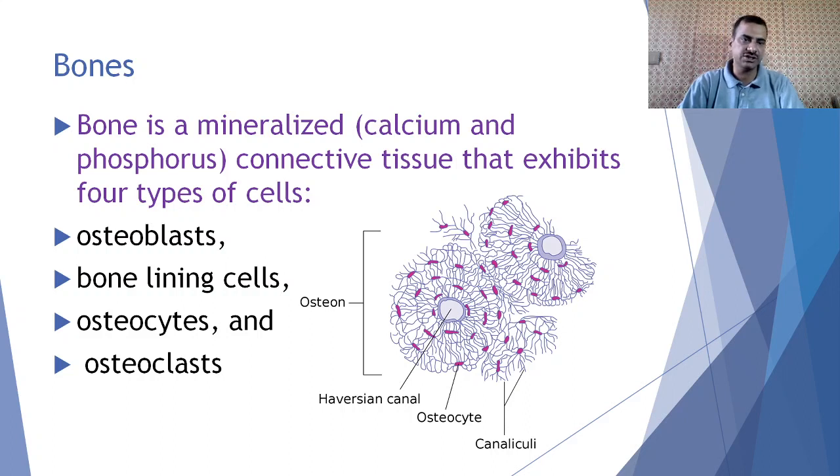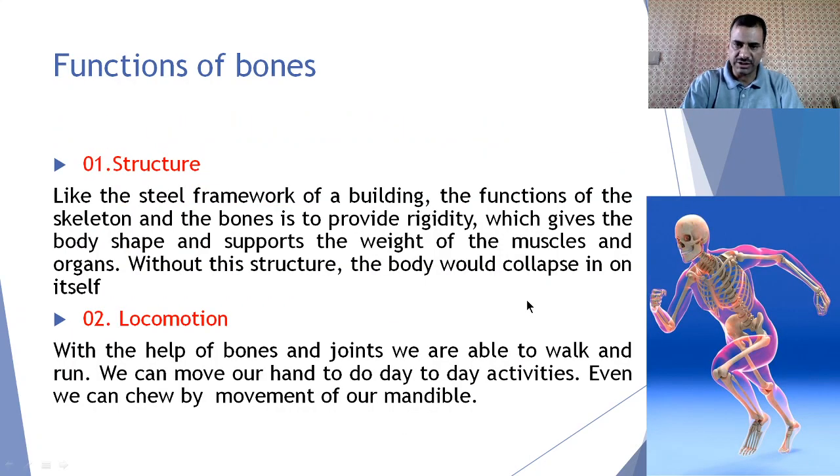Minerals are calcium and phosphorus, and cells are osteoblast, modified osteoblast, also known as bone lining cells, osteocytes and osteoclast. They are arranged in the bone like this. These are known as Haversian system.